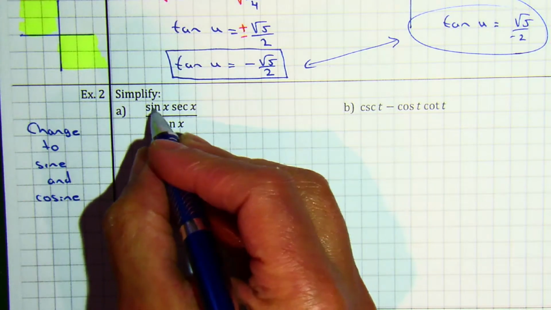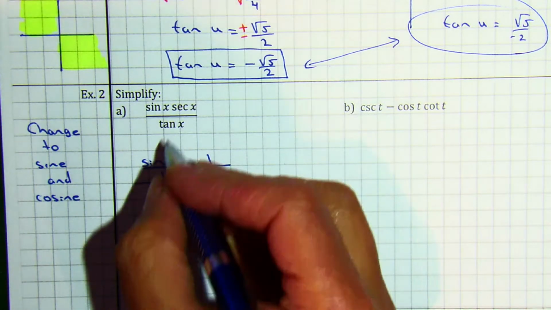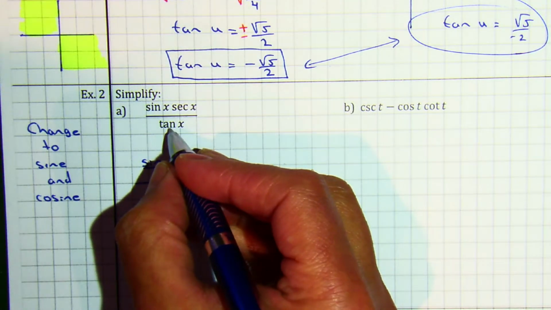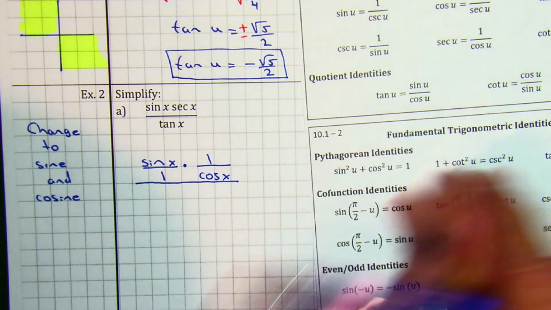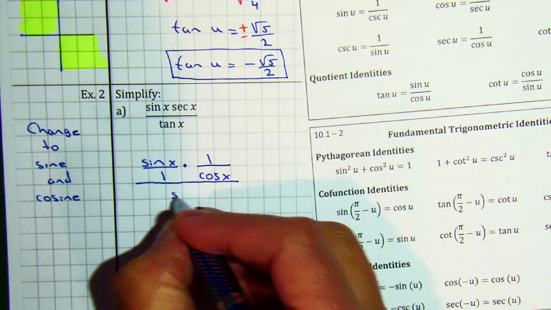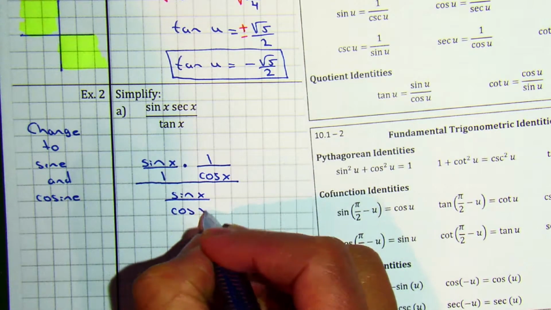I'm going to place my sine over 1 right away to make sure that I don't mix the numerators and denominators. And I want to change my tangent to sine and cosine. We know that our tangent is sine over cosine. So I'm going to change everything to sine of x over cosine of x.